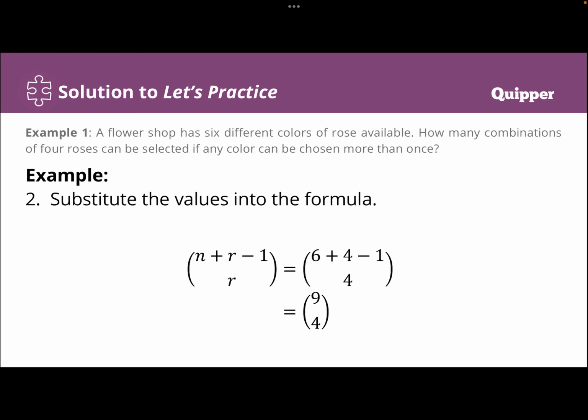So, by substituting those values, yung N natin na 6 at R na 4, dito sa formula natin, we will get N plus R minus 1, R. So, ang N natin is 6, ang R ay 4, based on the formula, always minus 1, and then 4 ang R. So, we will get N and R. So, N is 9, 4 is R.